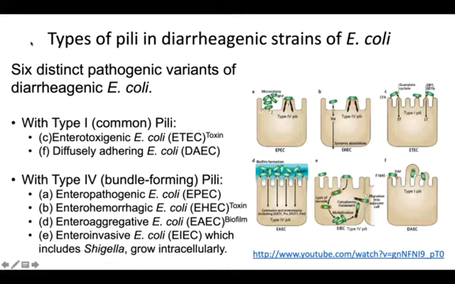Again, if you look at D, that strain is pretty common in biofilm productions. Okay? You don't have to memorize all these types or strains of pathogenic E. coli. It's just to show you that in the pathogenic strains, they do have these types of pili as virulence factors.